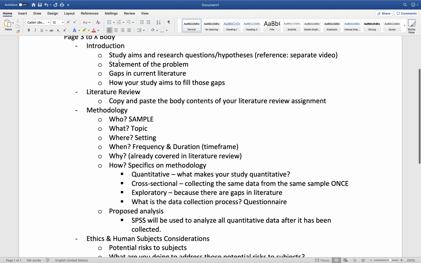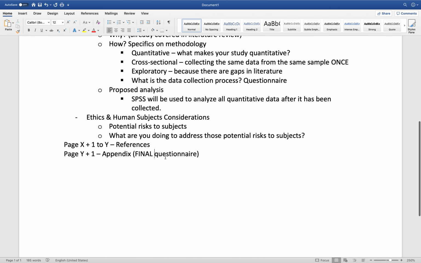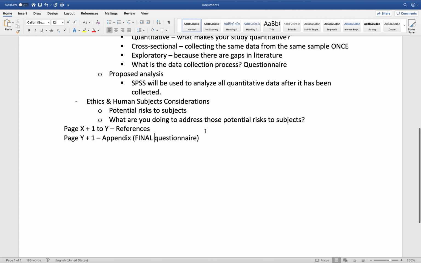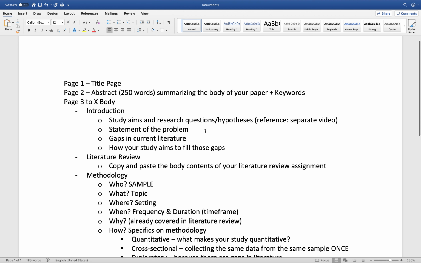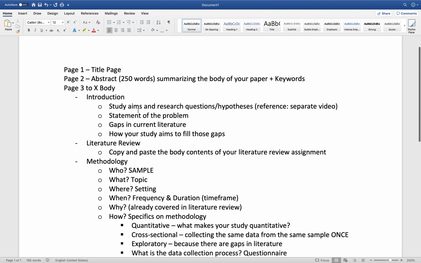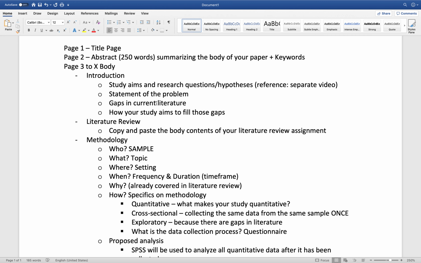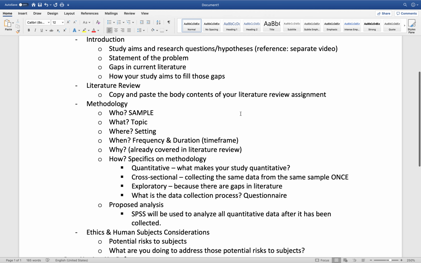So you'll include all of them in the introduction section. It's clear that the introduction section will be fairly lengthy because you're going to be narrating all of the material in the appendix as far as what your research questions and your hypotheses are. Then you're going to be talking about the statement of the problem, the gaps in current literature, and how your study aims to fill those gaps.